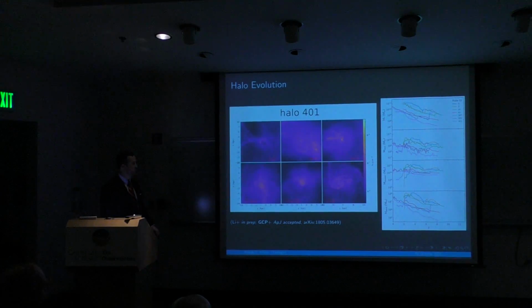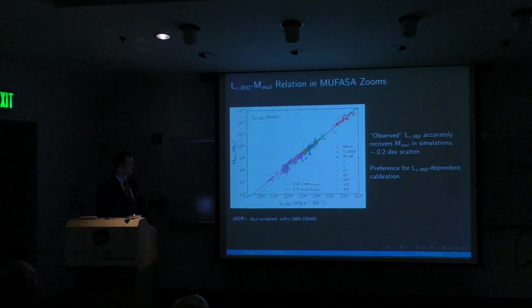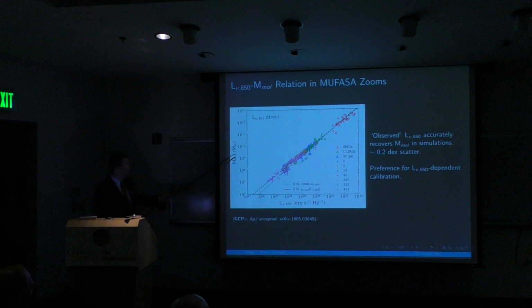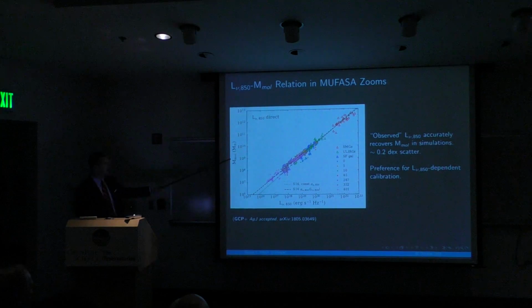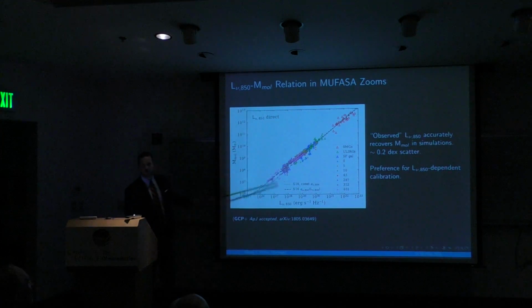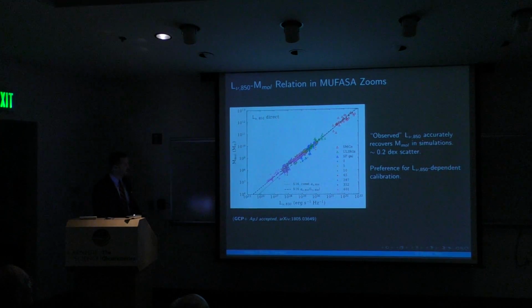The radiative transfer post-processing means we have the SEDs. So we measured the 850 micron luminosity and then compared it to the molecular mass in the simulation. The triangles here are the calibration points, and the colored circles are our data points from the simulations. And it's basically beautiful agreement here.